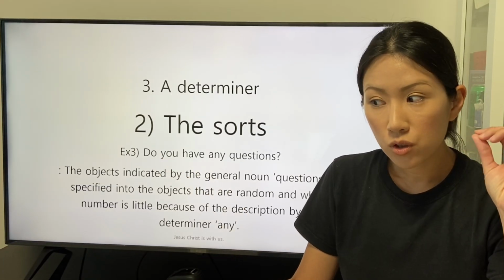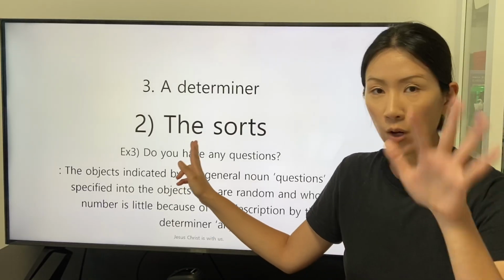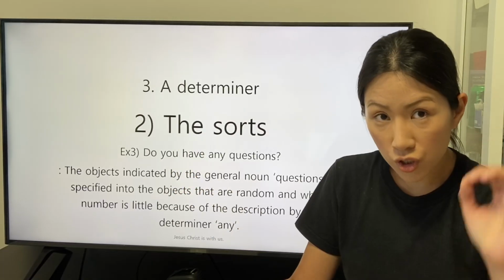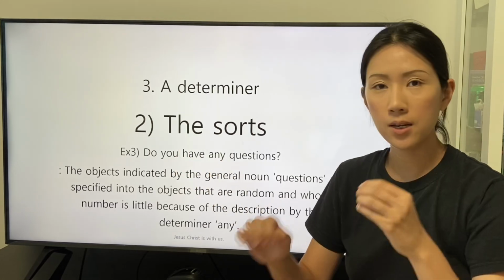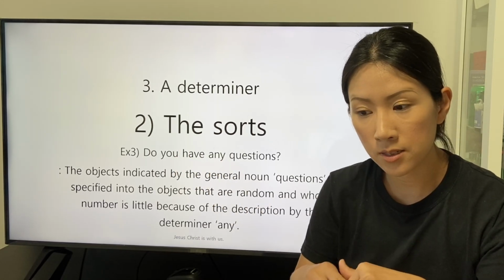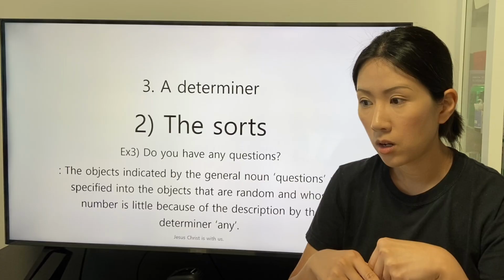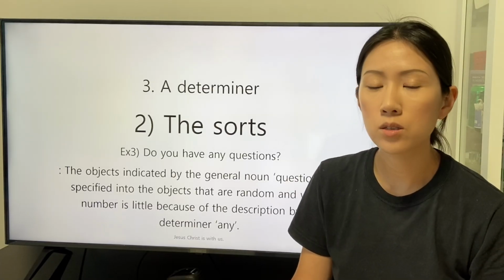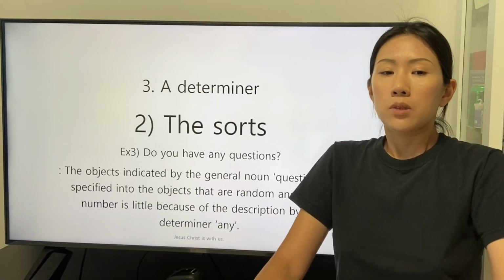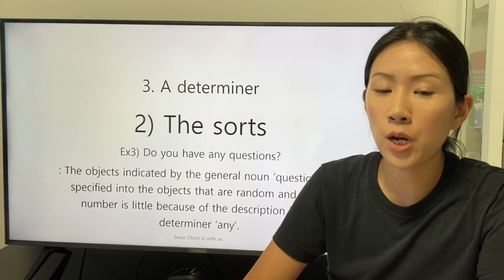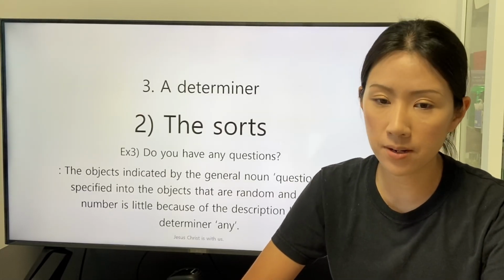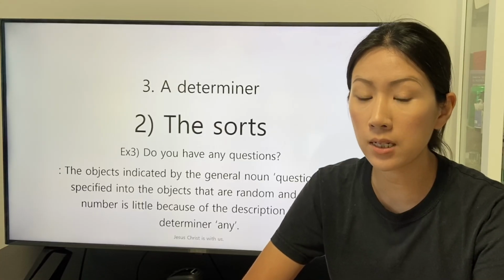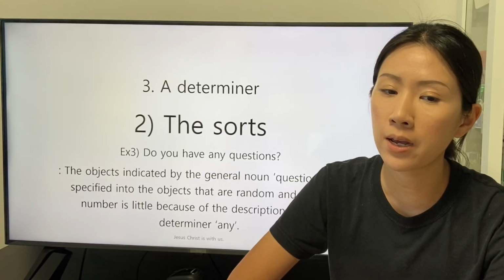When the speaker states this clause at the present, the object of the transitive verb is a part of the virtual object. The object indicated by the general noun questions is specified into the objects that are random and whose number is little because of the description by the determiner any.